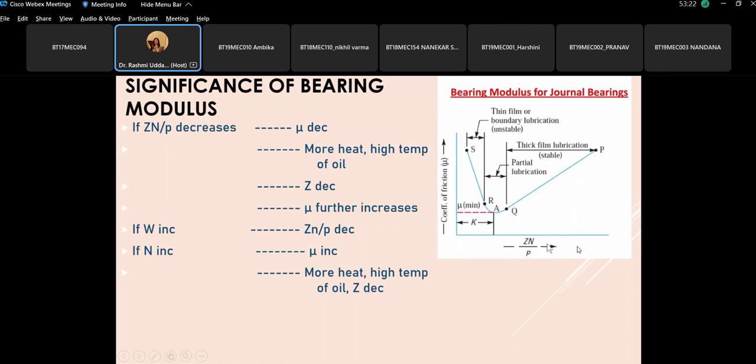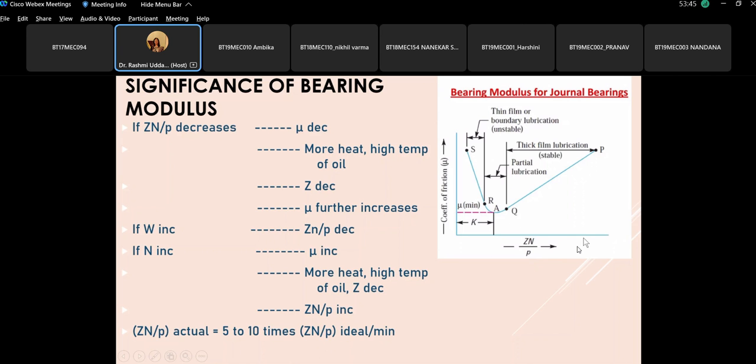So the moment it tries to shift here, it gets back. So with the increase in N, more heat, more oil temperature, Z goes down and again it comes back to this stable zone if it is trying to cross this zone. So ultimately with increase in N, Zn by P again starts increasing.